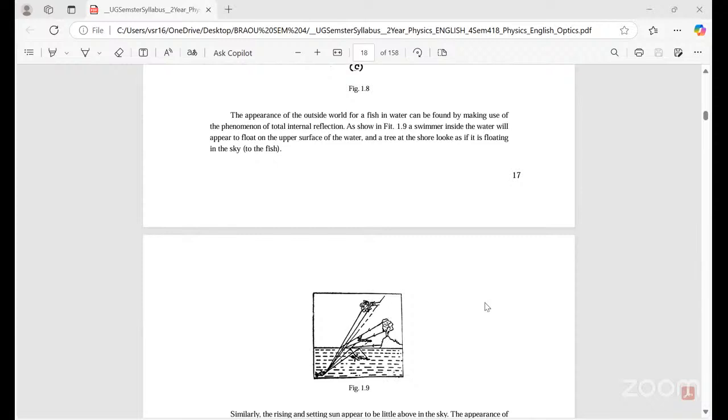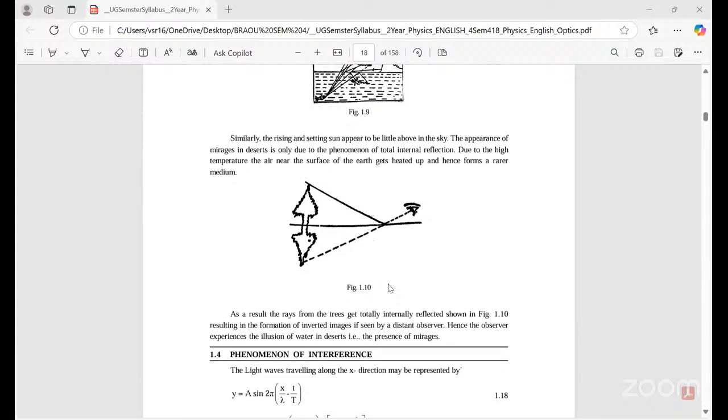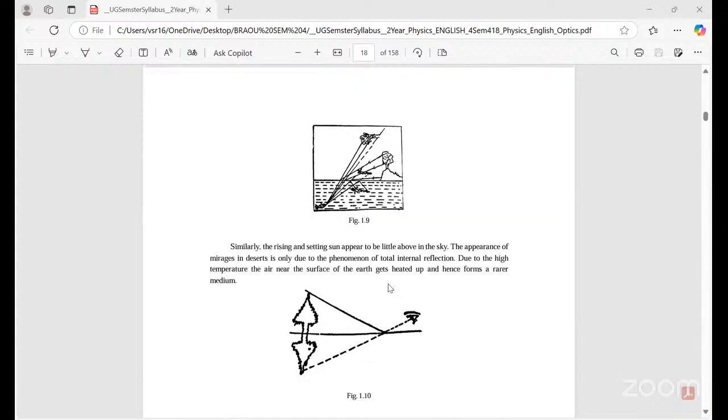In this figure, a swimmer inside the water appears to float on the upper surface of the water, and a tree at the shore looks as if it is floating in the sky, to the fish. Similarly, the rising and setting sun appear to be a little above in the sky.